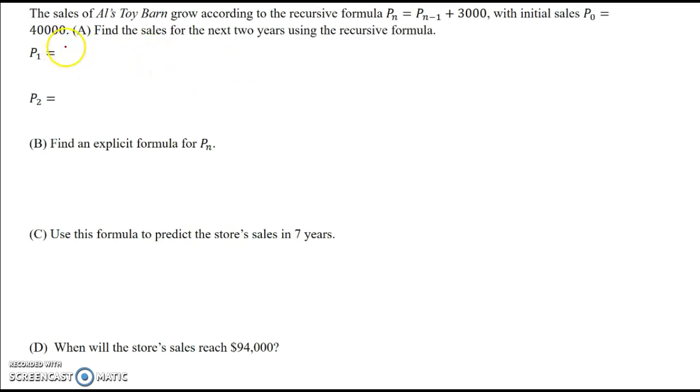So for P sub 1, I'm going to do P sub 0 plus 3,000. So P sub 0 is 40,000. And then I'm going to add 3,000 to that.